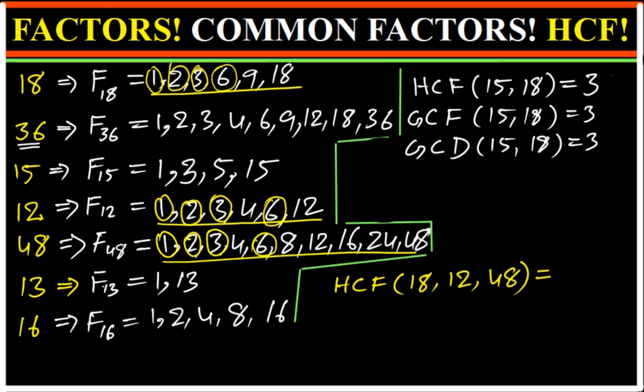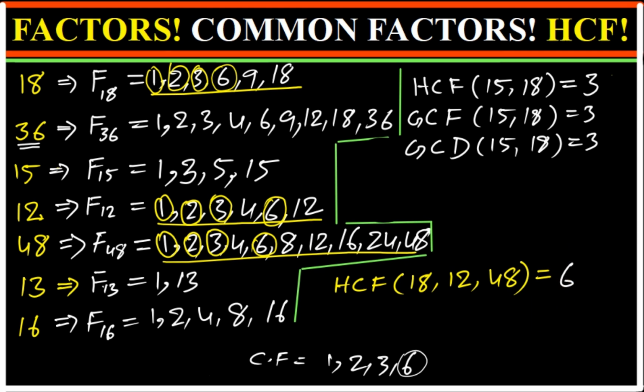If I write the common factors here, they are 1, 2, 3 and 6. Among these, which one is the largest number? It is 6. So the highest common factor will be 6.